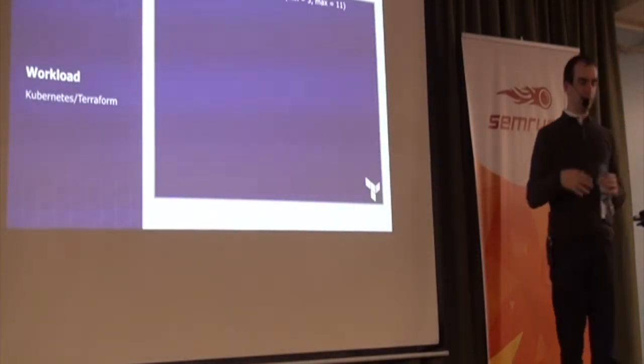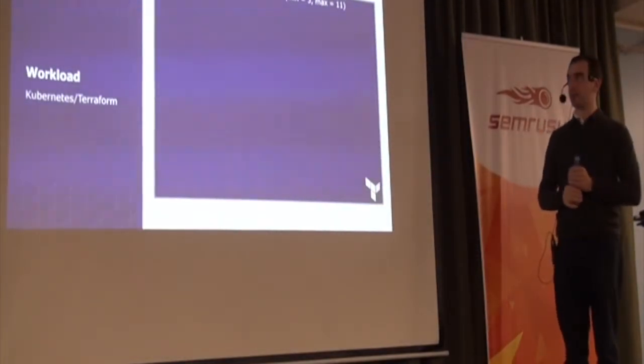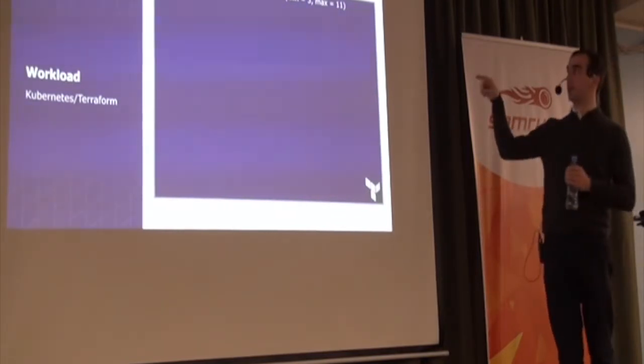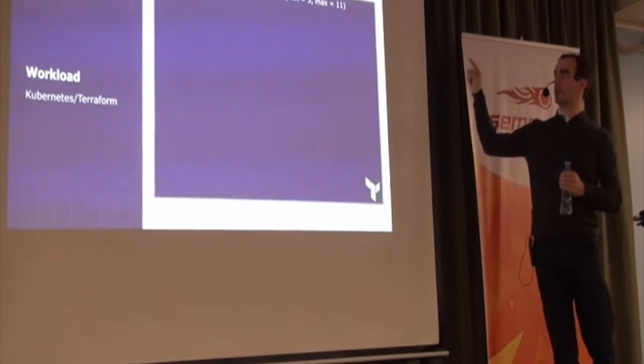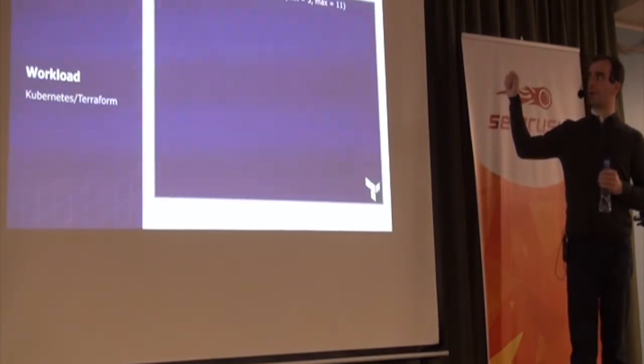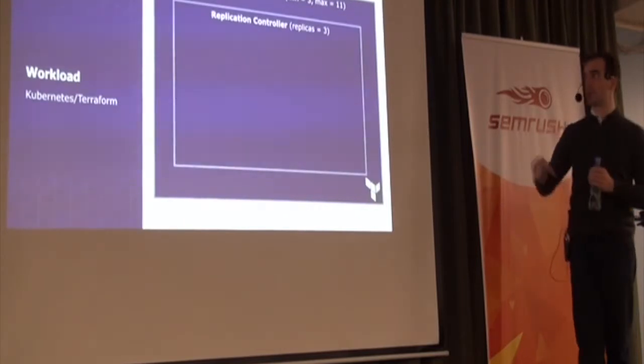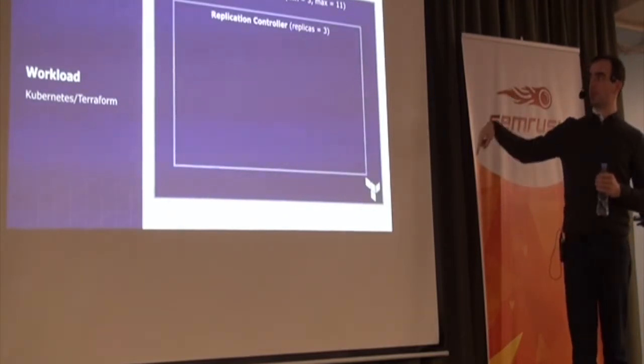And then you get even more dynamic, where you have those horizontal pod autoscalers, where you define the minimal and maximum number of pods that need to run in the replication controller, which also needs to be managed by Terraform.